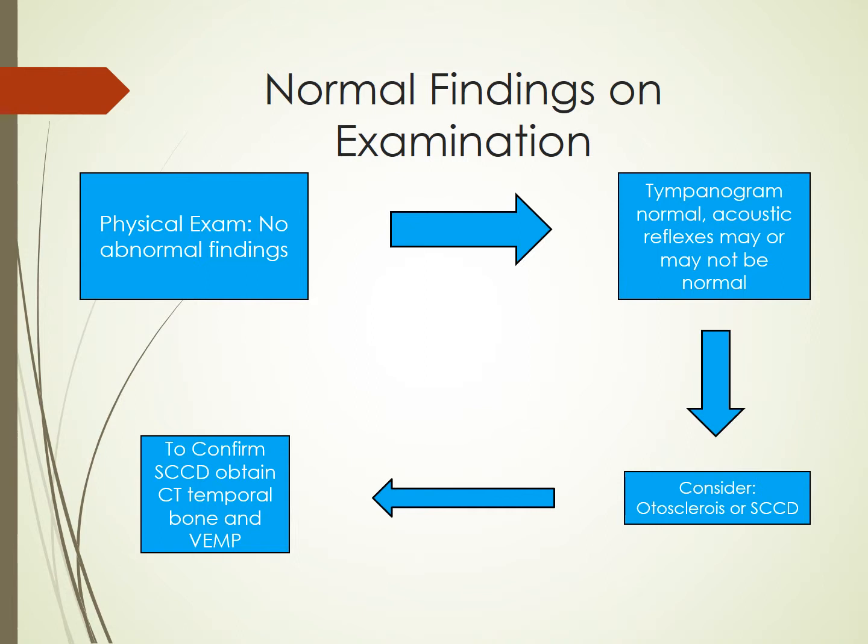The tuning fork may suggest a conductive hearing loss as well as audiogram results. One should consider otosclerosis or possibly even a semicircular canal dehiscence. To confirm a semicircular canal dehiscence, you would need to obtain a CT of the temporal bone and a VEMP. However, in order to confirm otosclerosis, surgical exploration needs to be considered. Again, this would be a referral to the surgeon.